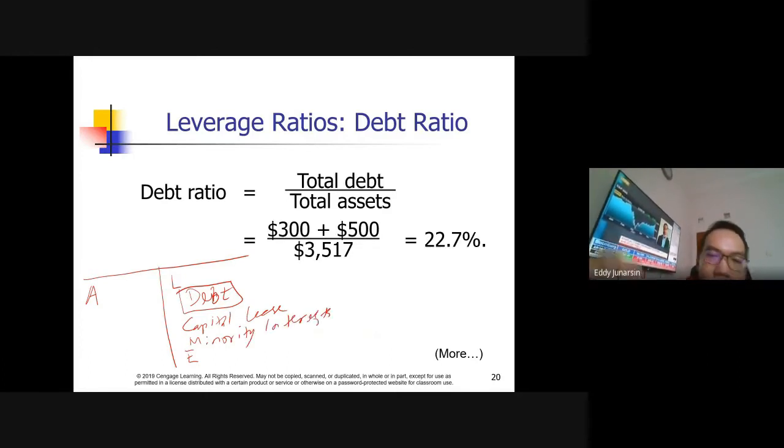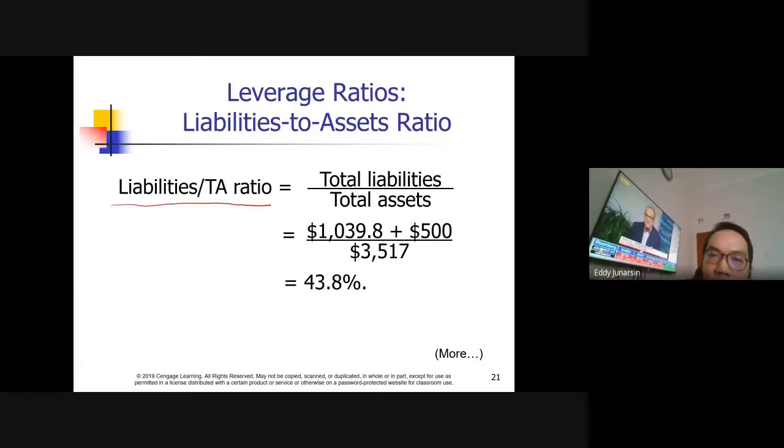And some other things. So they're part of your liabilities, but they are not debt. Also your deferrals, your deferred expenses, right? They're your liabilities, but they are not really your debt. So you have to be more careful in separating liabilities and debt. For example, in this case, if you talk about total debt as debt ratio, debt to assets ratio, this is 22.7%. But if you're talking about liabilities ratio, so the liabilities divided by assets, actually this is 43.8%.